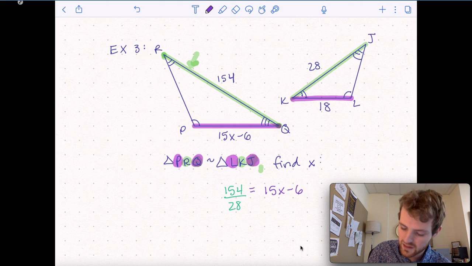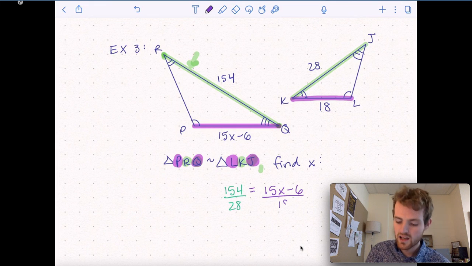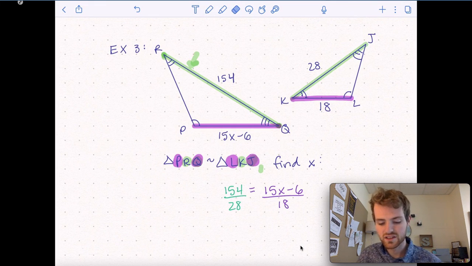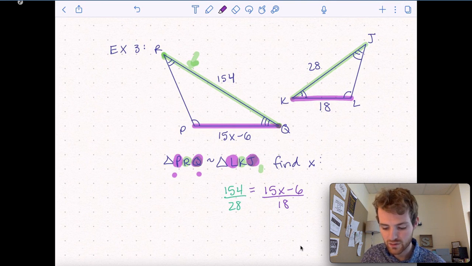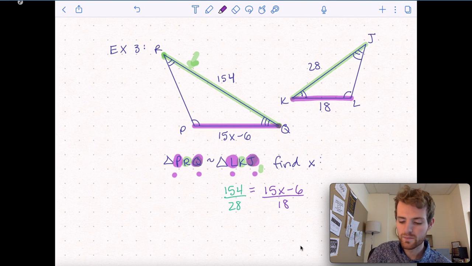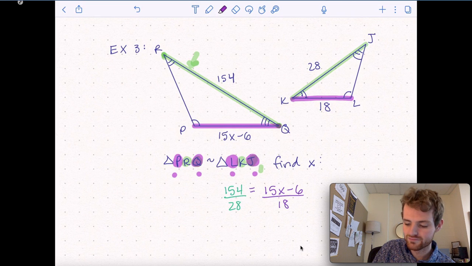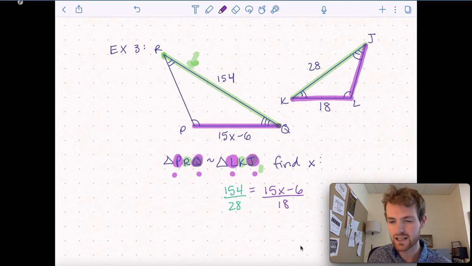Here we go, 15x over 18. The reason I'm saying big apologies is because I just told you P and Q should match with LJ. When we look at LJ, that's the wrong side.